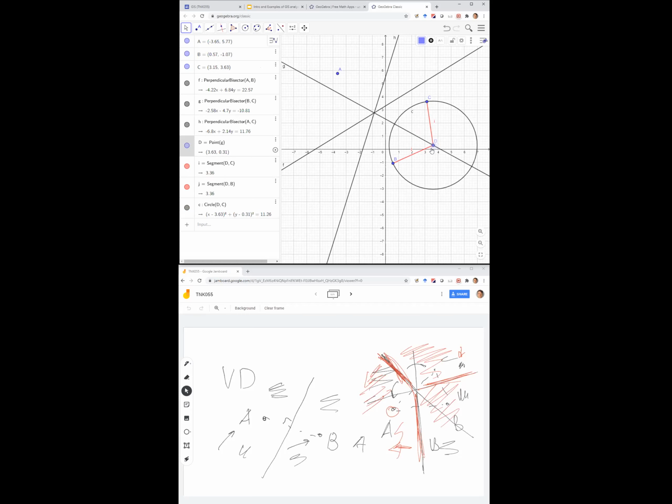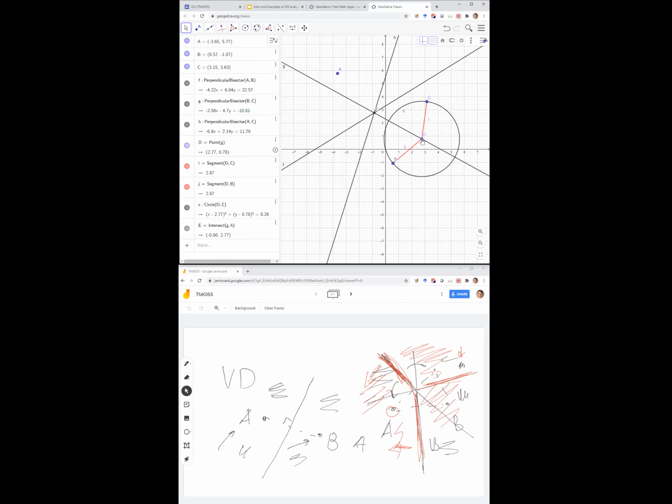But now the interesting thing that I wanted to show you is, guess what will happen when the center of the circle is at this point, where the 3 bisectors intersect.